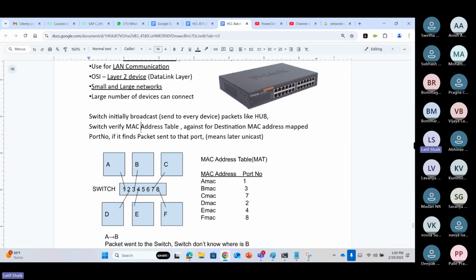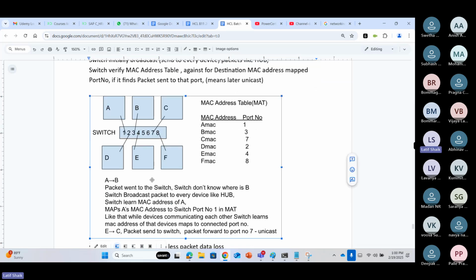If it is fine, the packet is sent to that port. That is called unicasting. Here also A sends a packet to B, but the same packet is sent to everyone, because it does not find B's MAC address in the MAC address table.